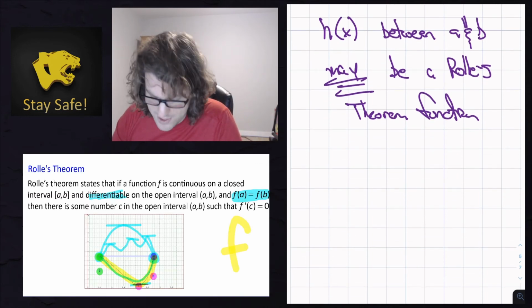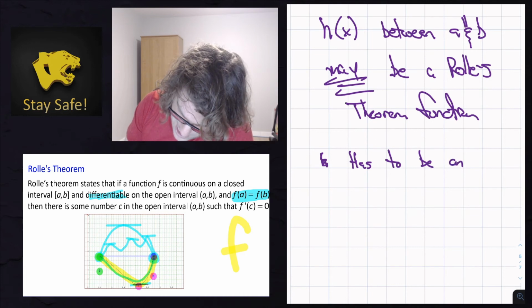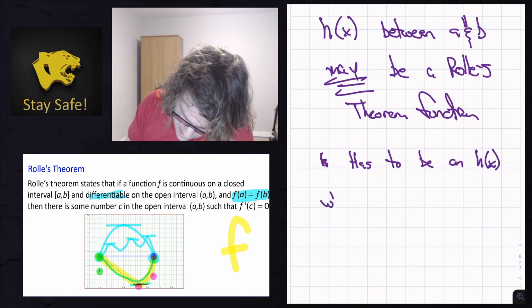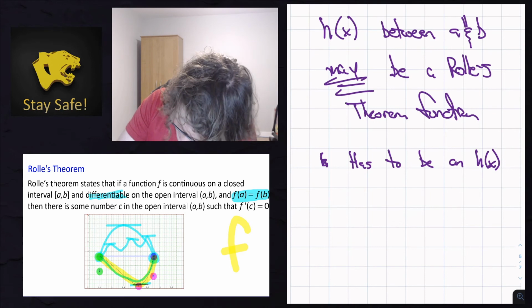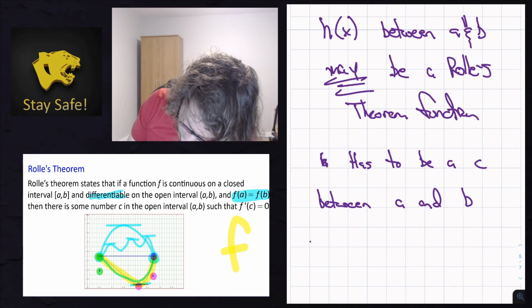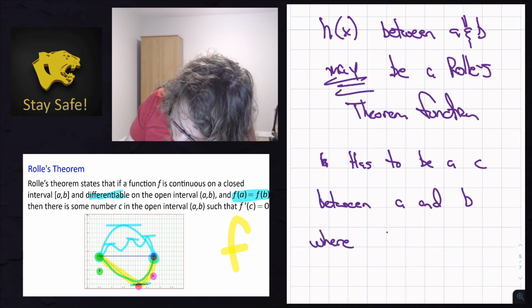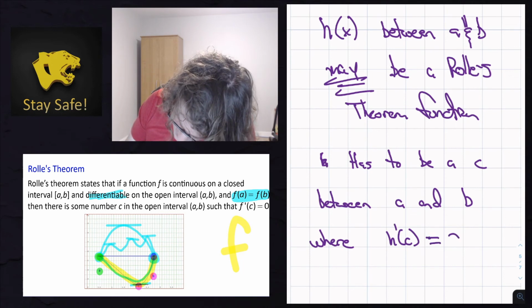So what does Rolle's theorem say? Rolle's theorem says that there has to be a c between a and b where h prime of c, the derivative of it, is equal to 0.